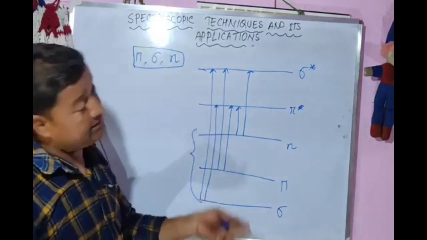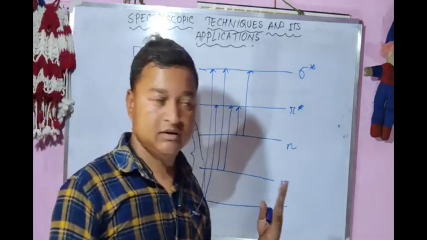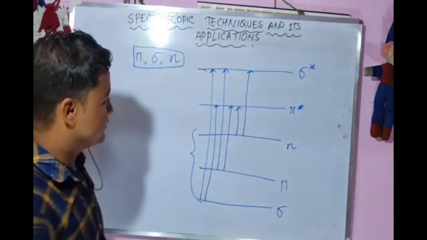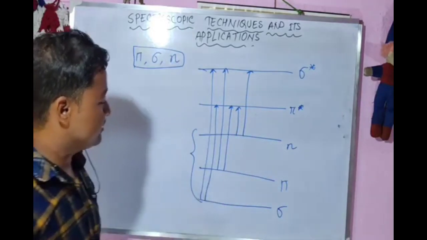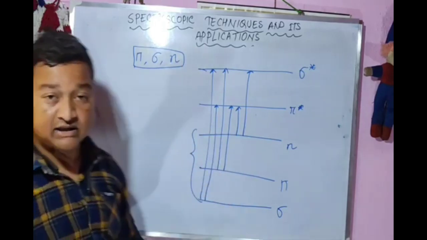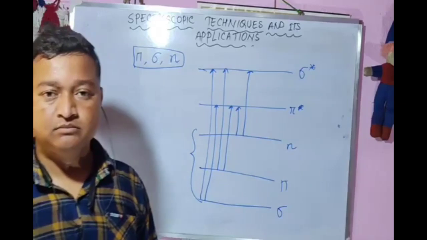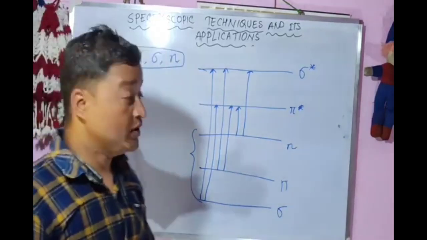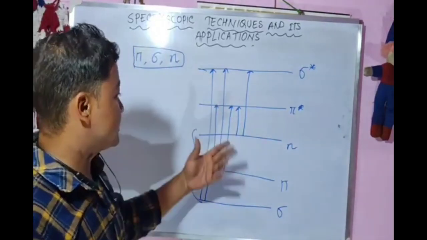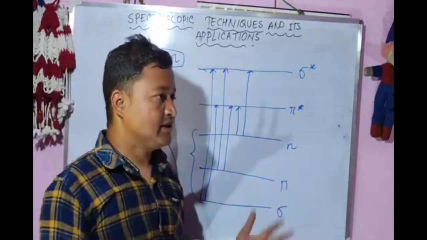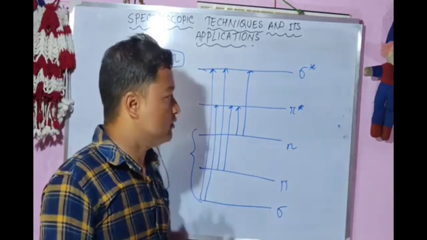We read it in the previous lecture. The selection rules are the symmetry selection rule, spin selection rule, and angular momentum selection rule. Which transitions are allowed and which are not allowed is explained by the selection rules.